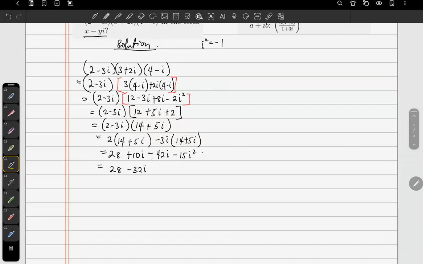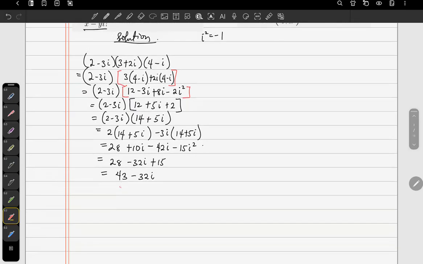Then again, we know that i squared is -1, so -1 times -15 is plus 15, and that gives us 43 minus 32i, which is already in the form x minus yi, and we're done with that. So it's just the usual expansion of brackets that we know of. The addition and subtraction go the same way. So what we have basically seen here is multiplication, addition and subtraction of complex numbers.